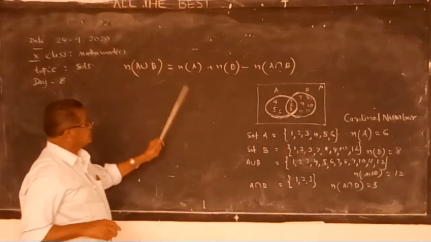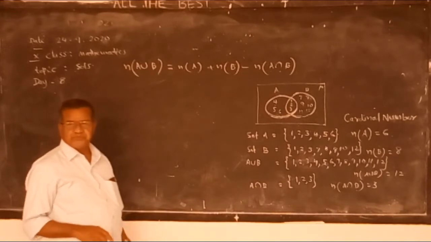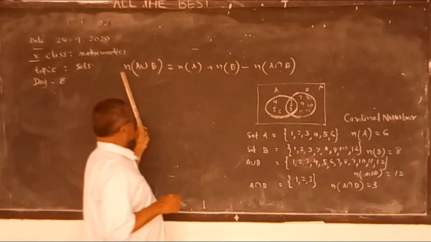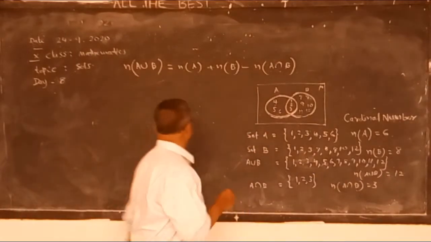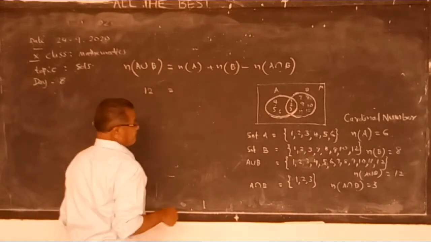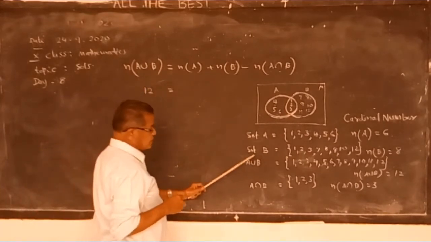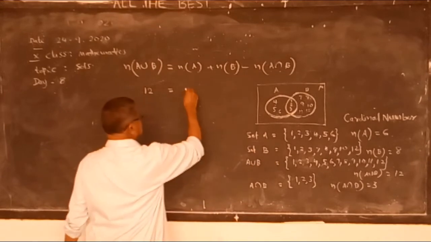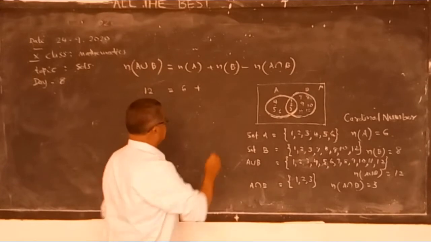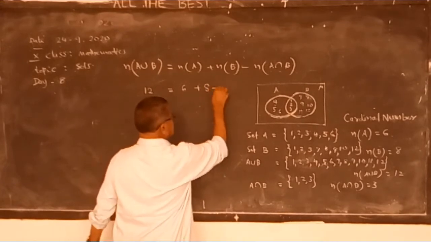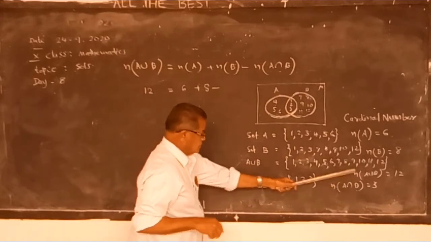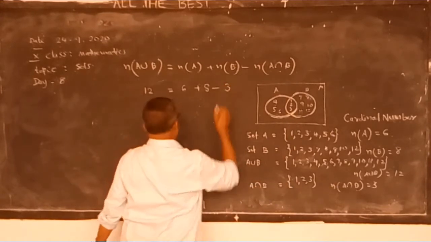Now the sum. The cardinal number of A union B is 12, right, here 12. How many elements are there in set A? 6. Number of elements in set B, 8. And minus A intersection B, how many elements are there? 3.